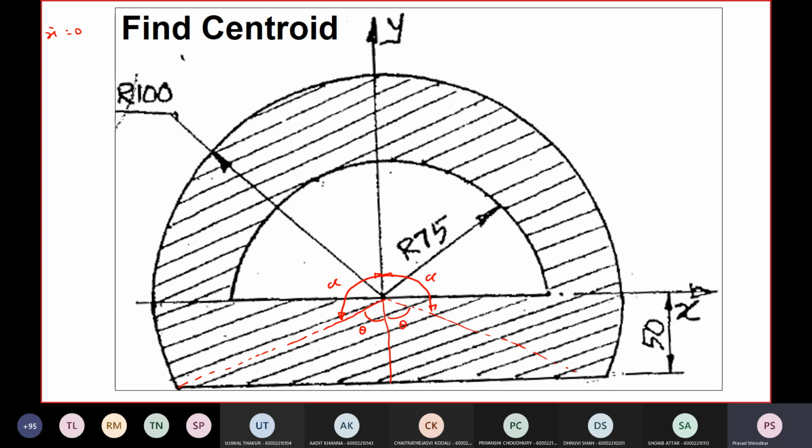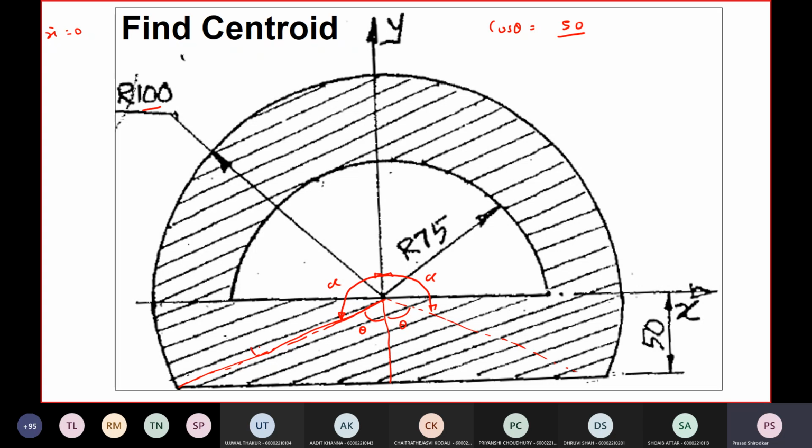So this is a right angle triangle. So cos theta is equal to adjacent side, 50, divided by hypotenuse, that is given as 100.